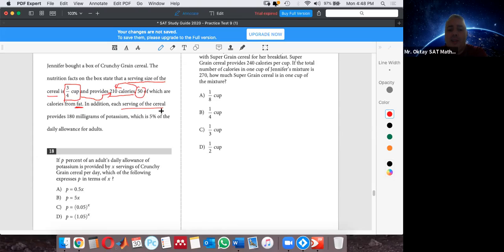In addition, each serving of the cereal provides 180 milligrams of potassium, which is 5% of the daily allowance of adults.